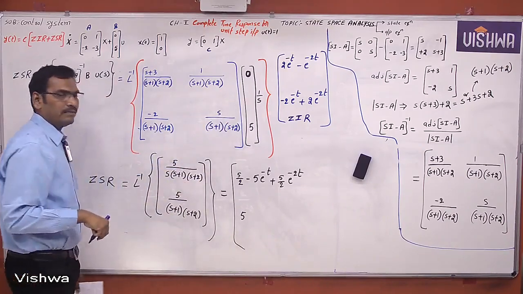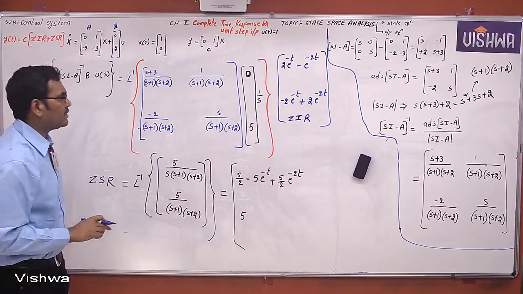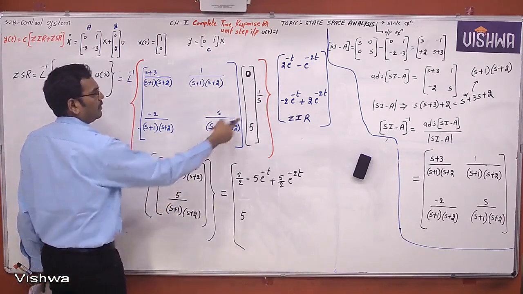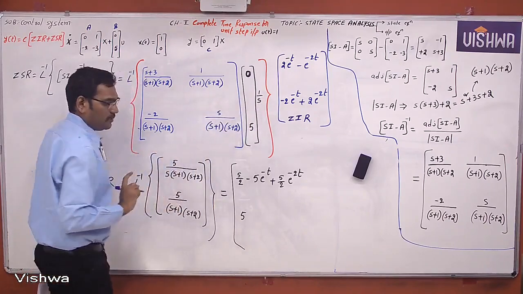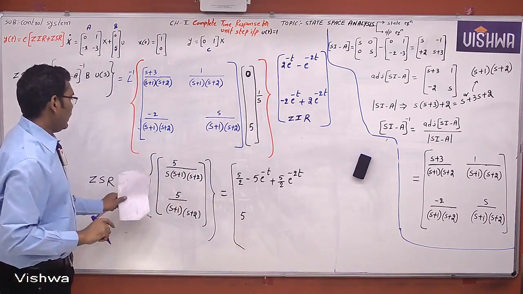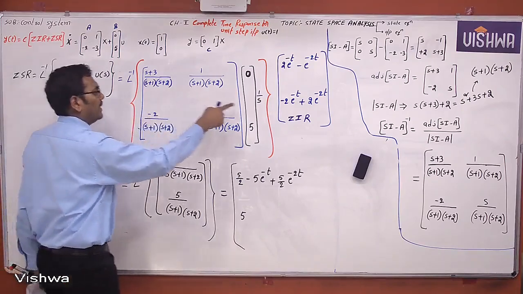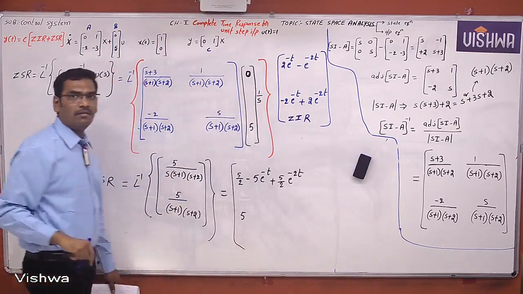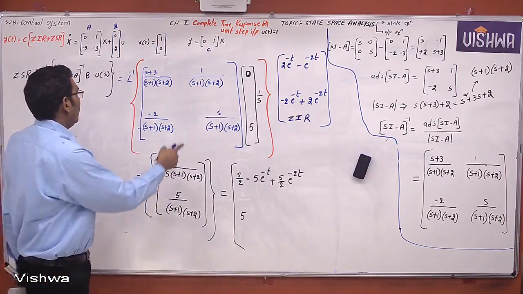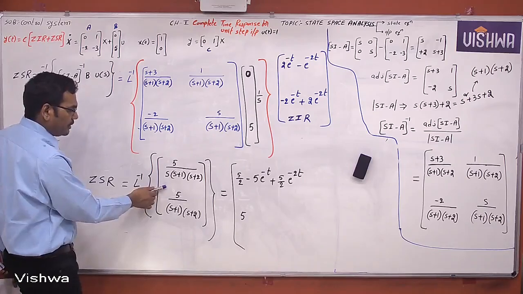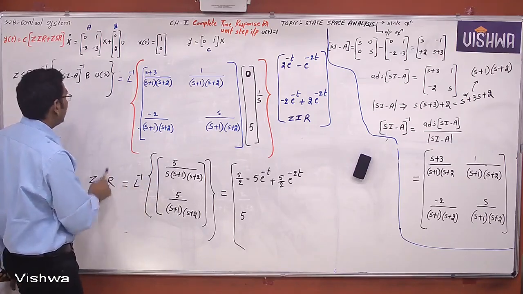But where is s? Here I am not writing s, because again it is multiplied with 1 by s, that's why the s is cancelled. So this is (sI minus A) matrix inverse multiplied with B multiplied with 1 by s. After calculating this, do the partial fractions and apply the inverse Laplace transformation.